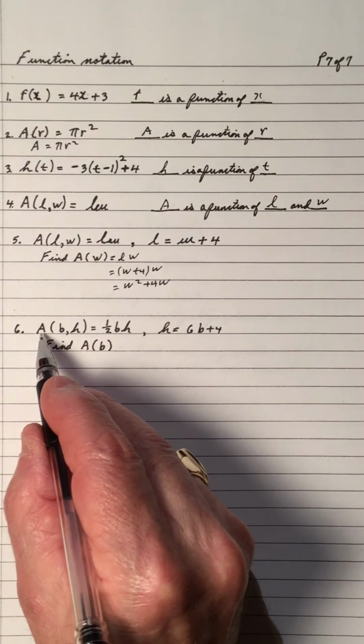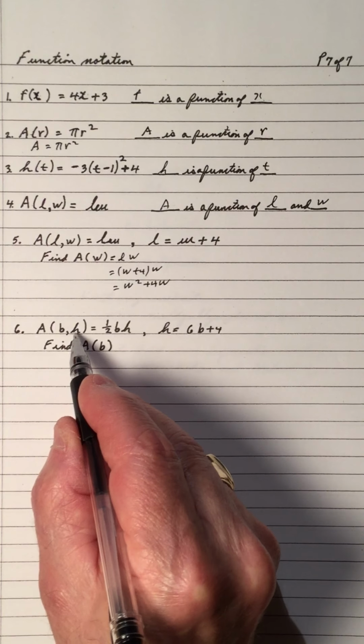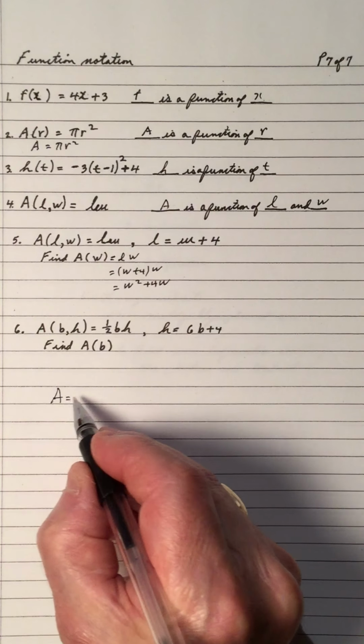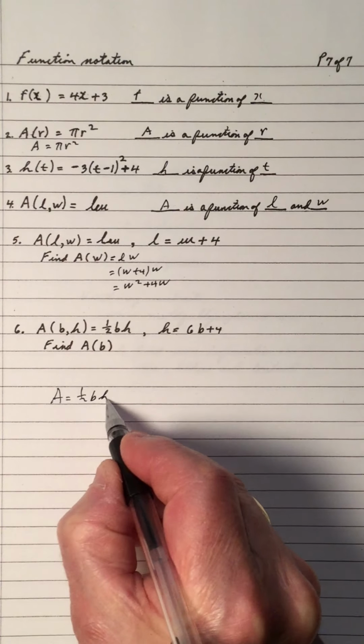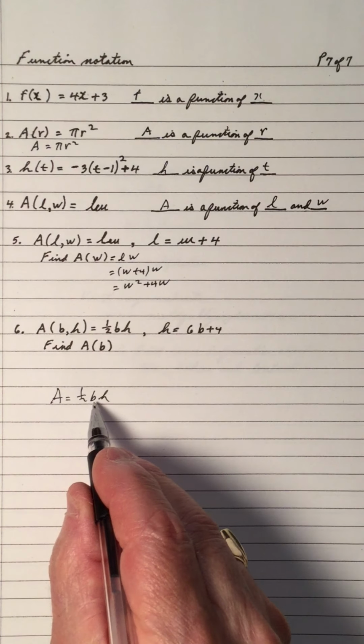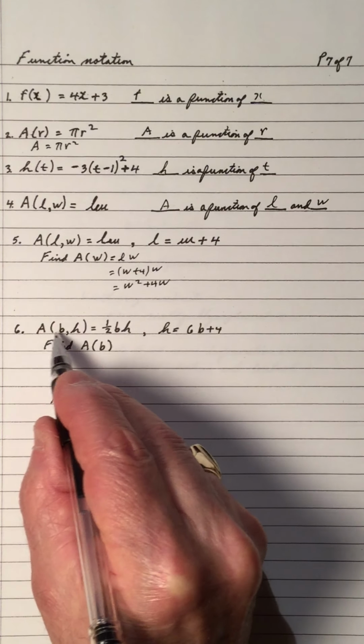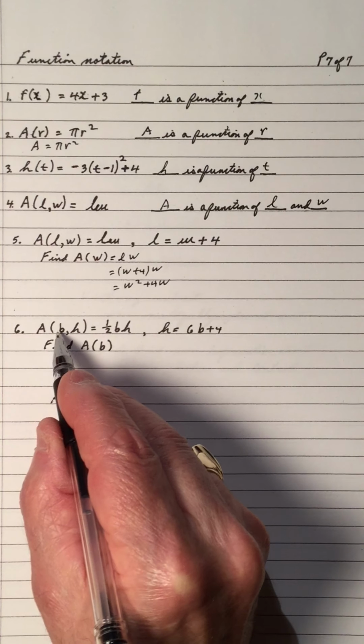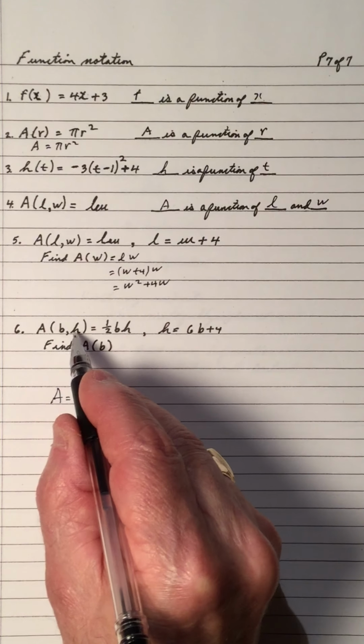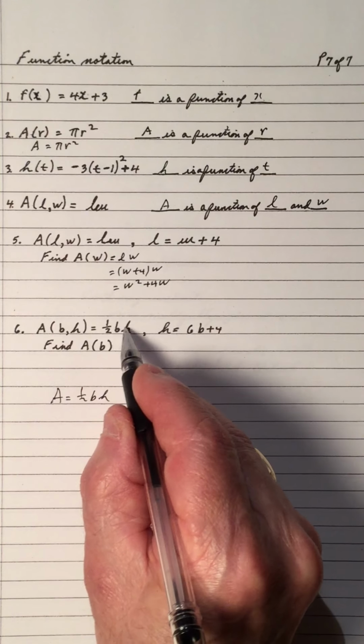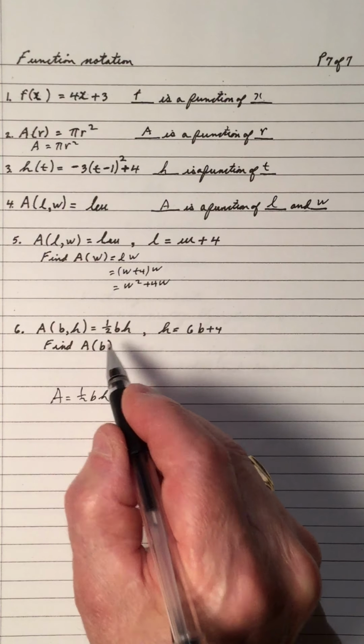And number 6, the area is a function of the base and the height. So area is a half base times the height. This is what you would normally see. But using the function notation, it's understood that the b and the h are in here because the b and the h are on the right side.